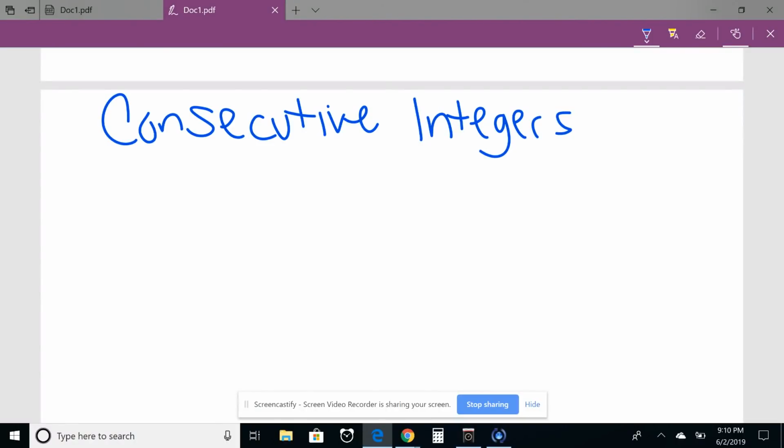For example, if I'm looking for 3 consecutive integers, I would set up my equation using x, x plus 1, and x plus 2.